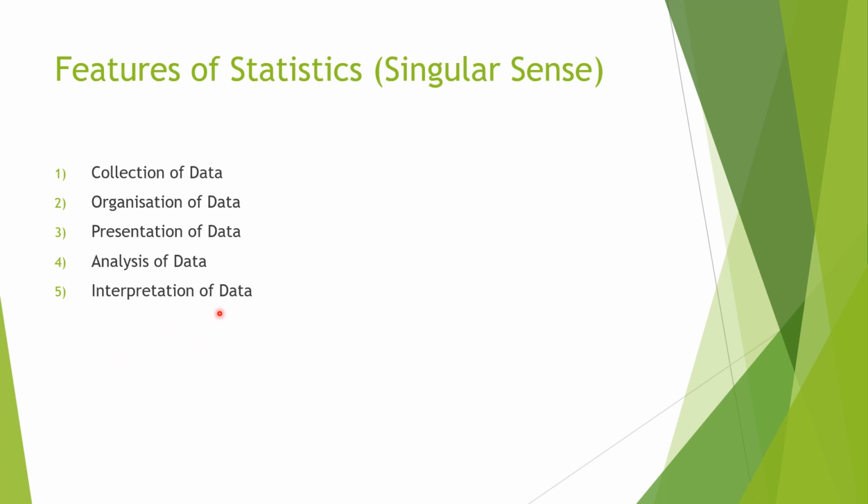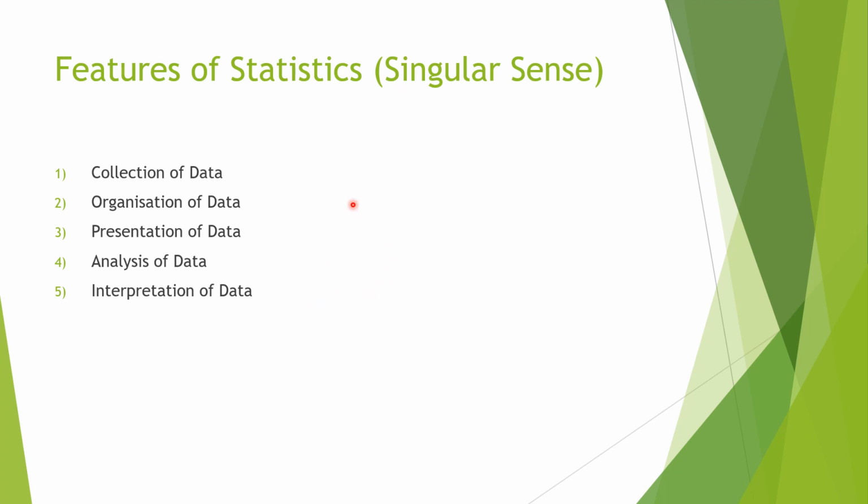In this last step, we will conclude our information, or we will draw the results from the above processed information. So according to these features of statistics in singular sense, we have 5 steps, 5 points, starting from the collection of data to the interpretation of data.